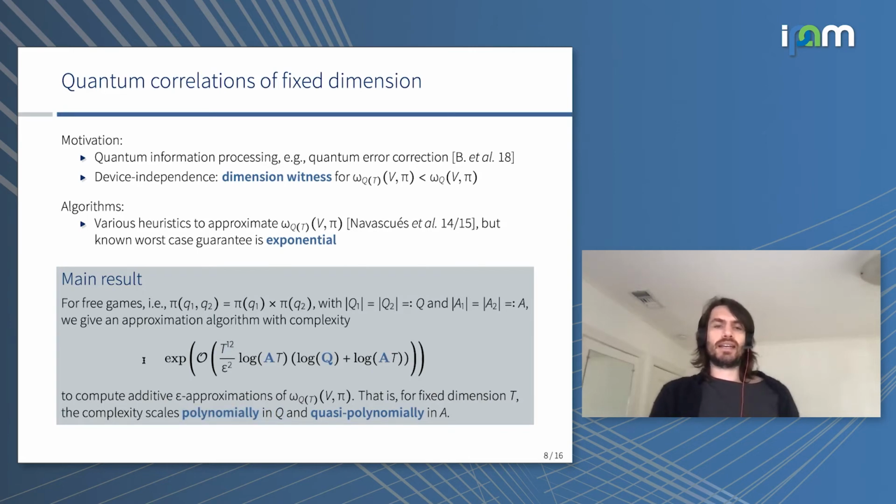You can see this outer exp kills this log, and then with this order function you get something polynomial in Q. And in A, it runs quasi-polynomially, because you have this log square of A dependence here. So this is an exponential improvement over these previous algorithms. In the rest of my talk, I would like to talk a little bit about how we prove this result.